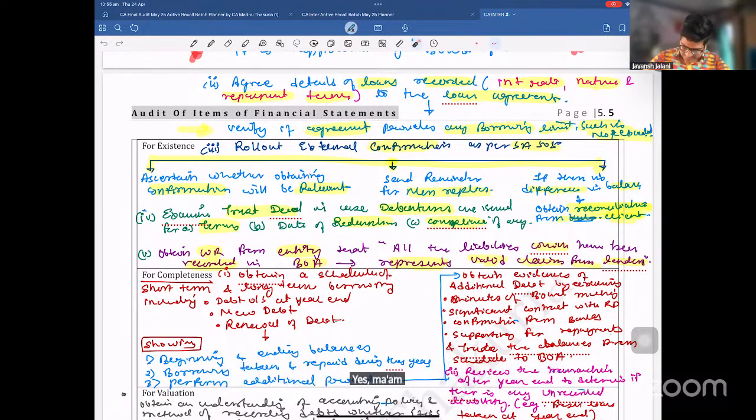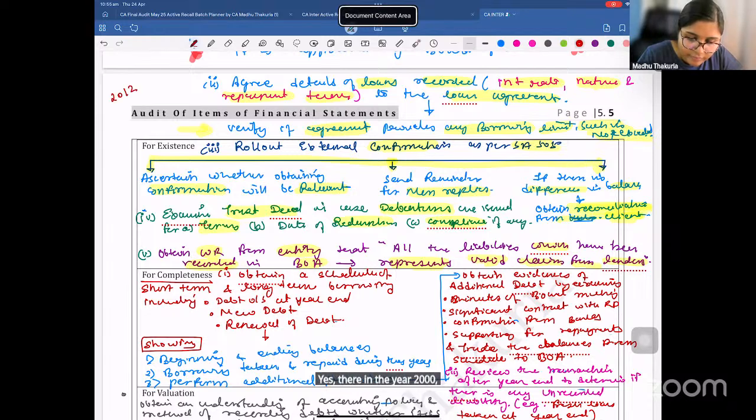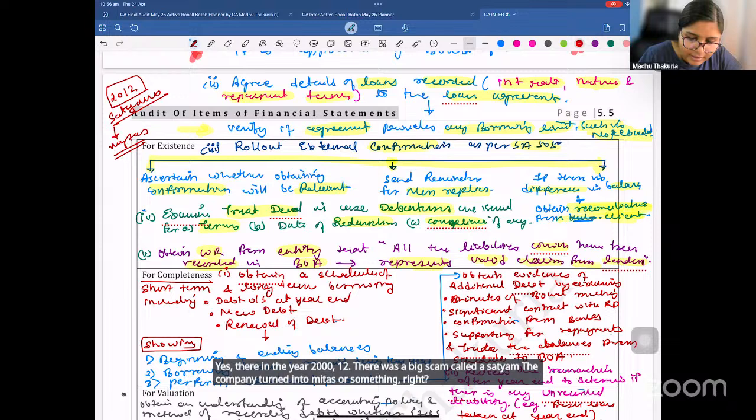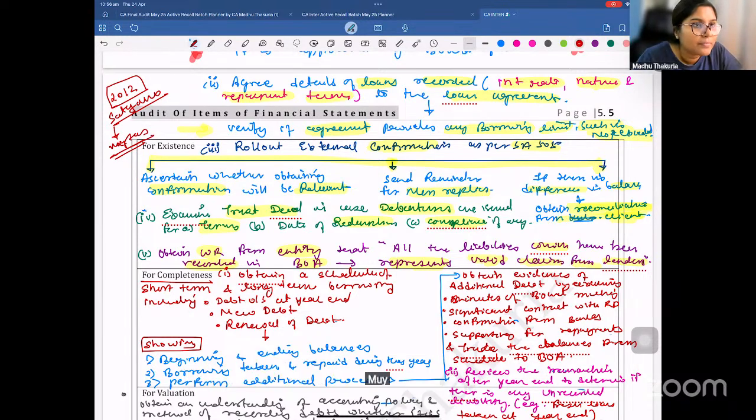In the year 2012, there was a big scam called Satyam. The company was then turned into Mahindra Satyam or something. When that news came out, PwC was actually the auditor of Satyam.